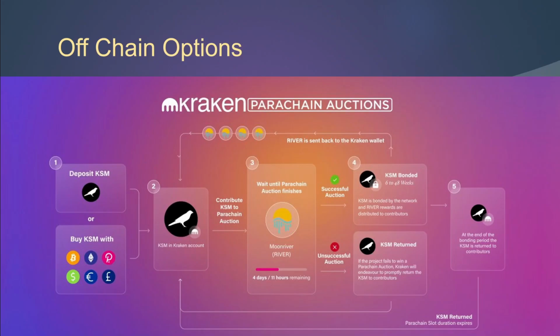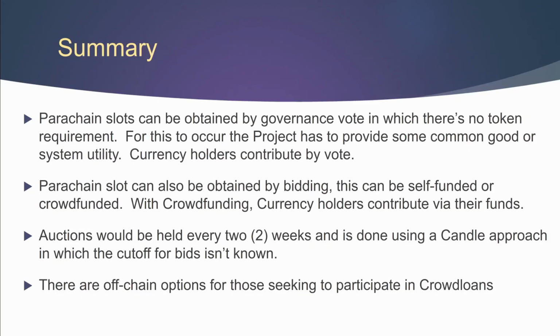And it's quite similar to what I discussed in the crowd loan video. So it's not too different, but it'll be interesting to see which projects an exchange would support, or would they be supporting all. Quite interesting. Okay, so let's wrap it up.